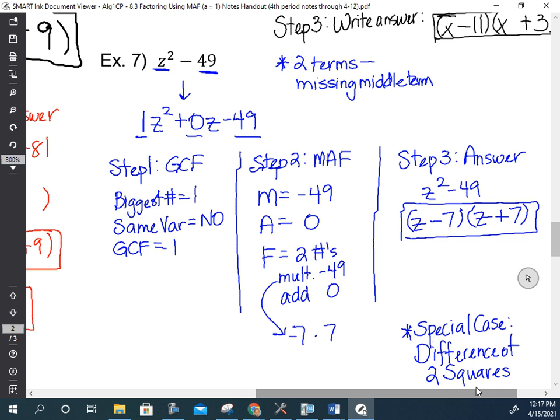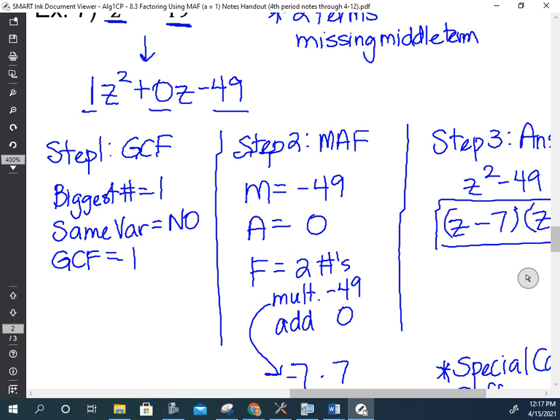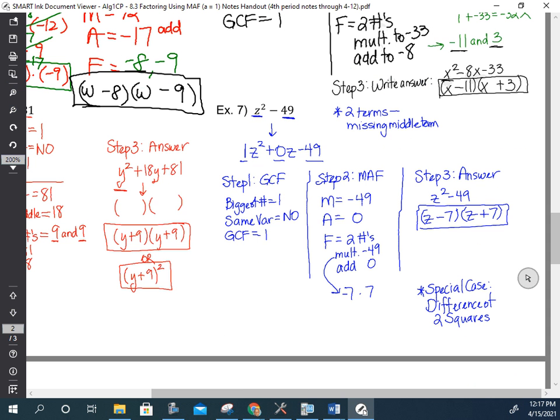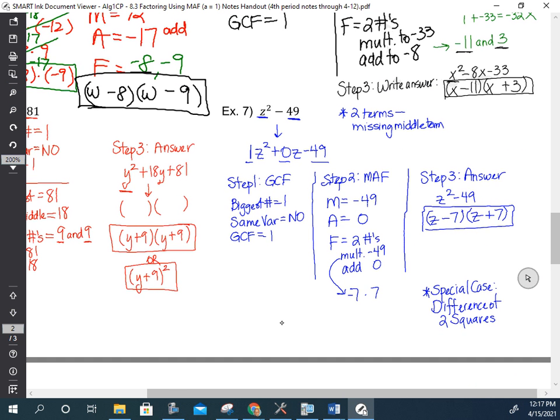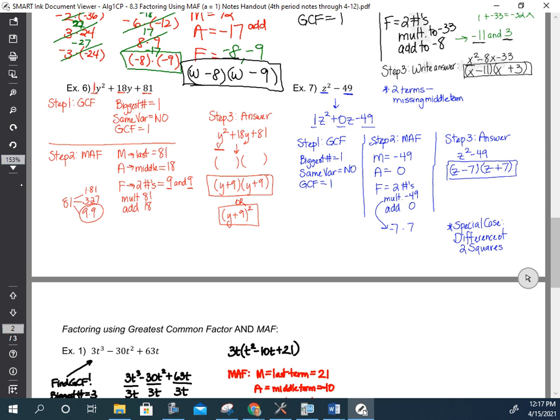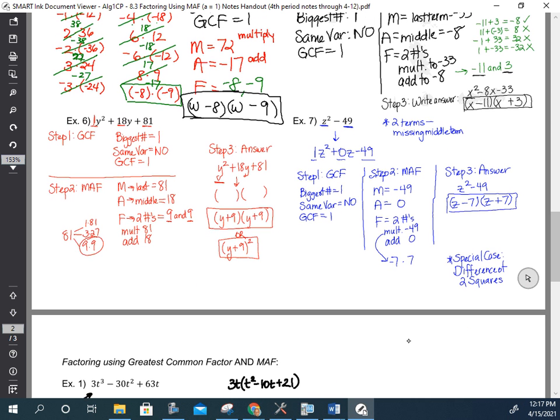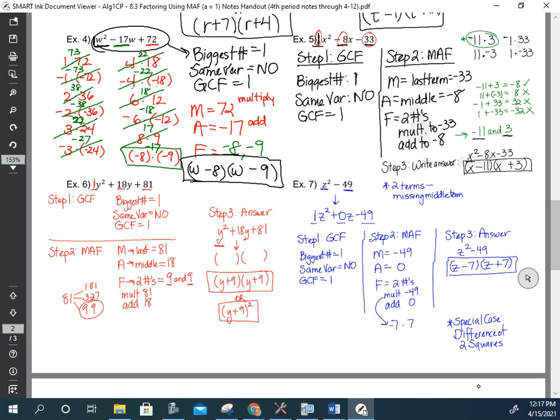Both problems are on the screen here. Questions on 6 or 7? Along with problem 5. Not hard. Just work.